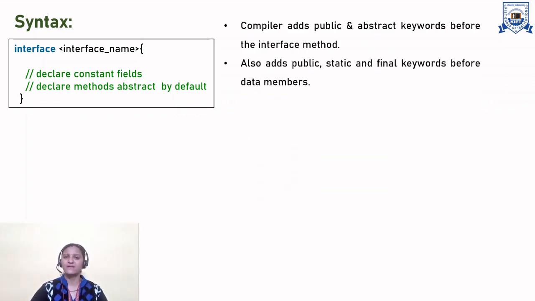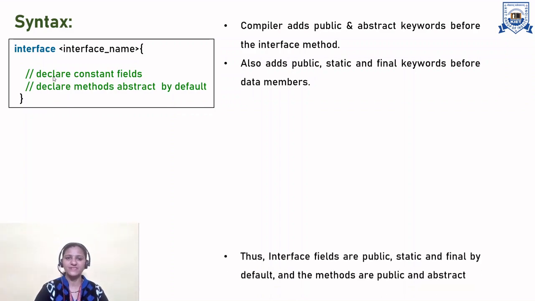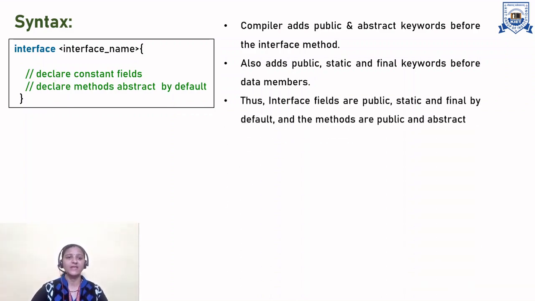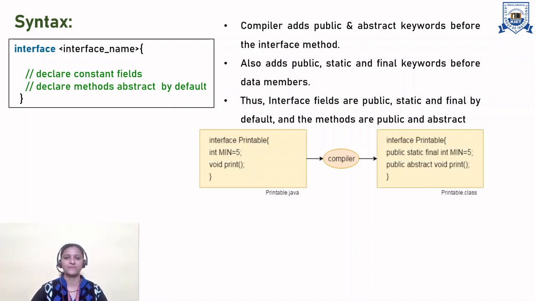It also adds public, static, and final keywords before the data members. Thus, interface fields are public, static, and final by default, and its methods are public and abstract.